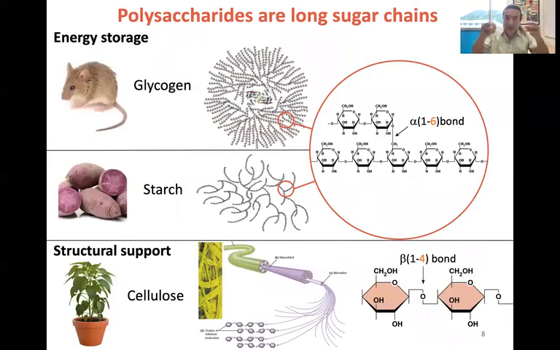When you start stringing more sugar monomers together and form not just disaccharides, but long chains of polysaccharides, right? Polysaccharides are long chains of sugar molecules. This is used by living cells and our tissues for different types of functions.